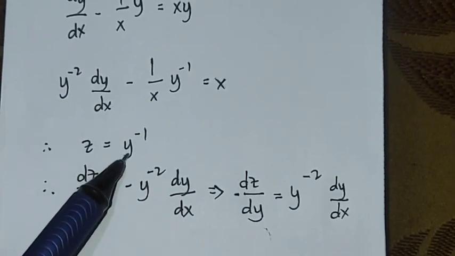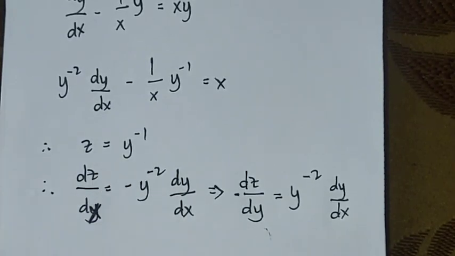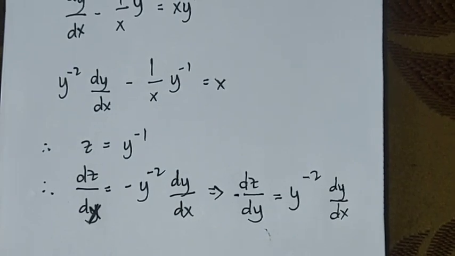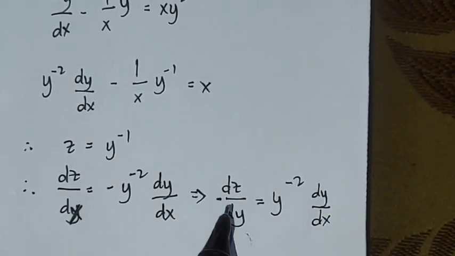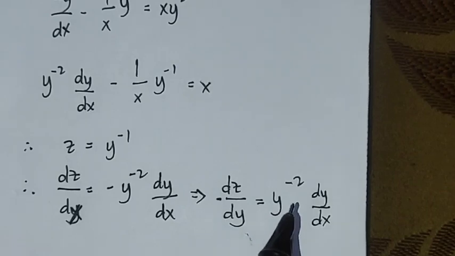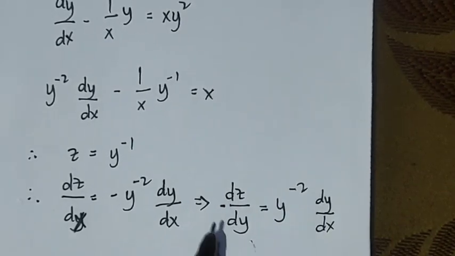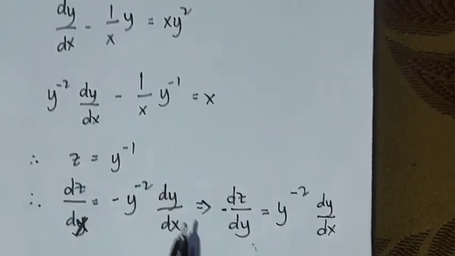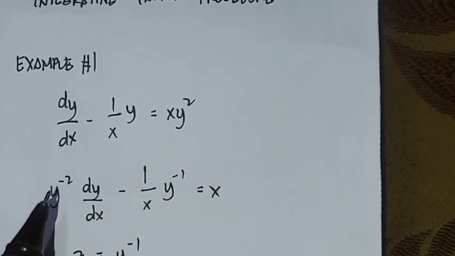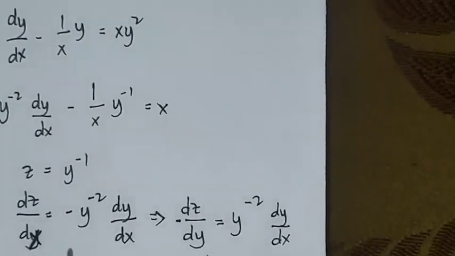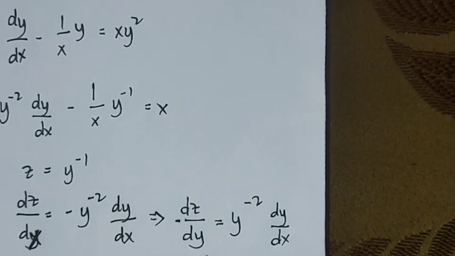Tapos, rearrange natin. Negative dz over dx is equal to y raised to negative 2 dy dx. Bakit pa natin ginawa itong nasa right side? Para lang maging kamukha nung nasa equation mo. Kasi sa equation mo, y negative 2 dy dx. So ito yung isa-substitute mo dito sa part na to.